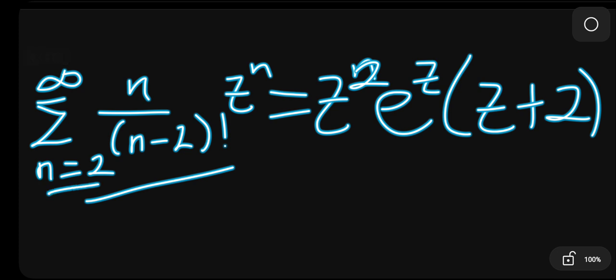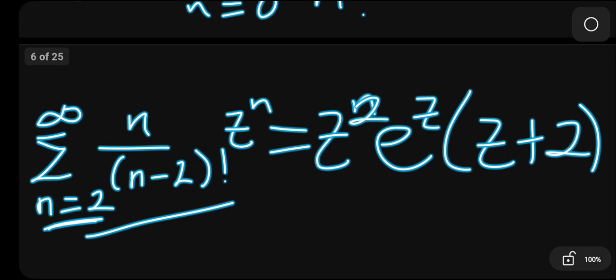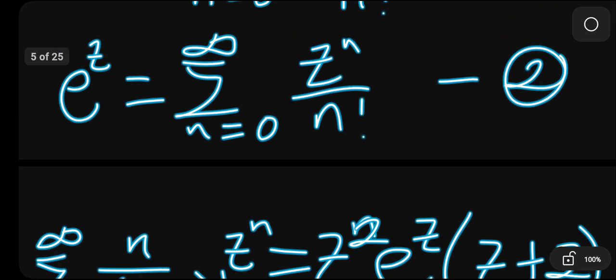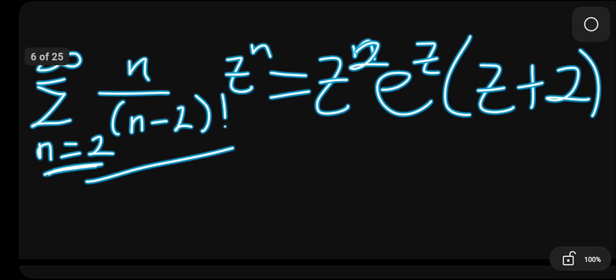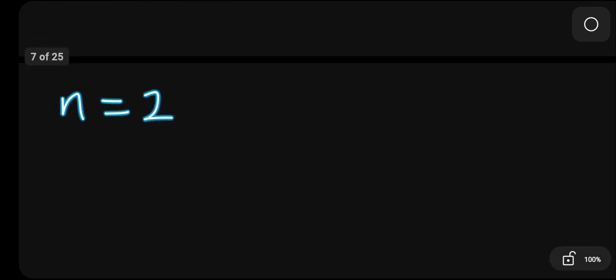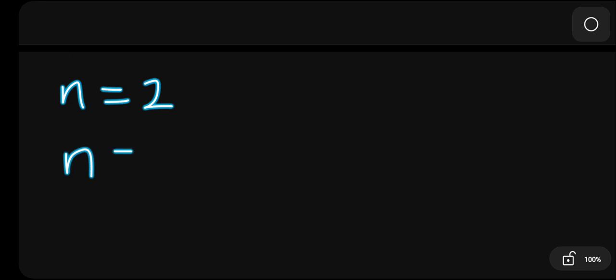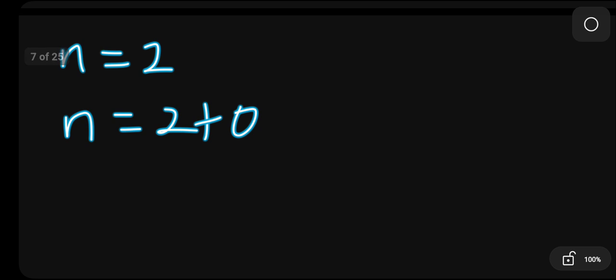From here we can actually change this. As we can see from the exponents, it starts from 0, not 2. So from n equals 2 we can say n equals 2 plus 0, which is basically the same thing.